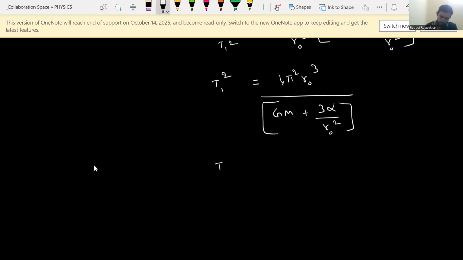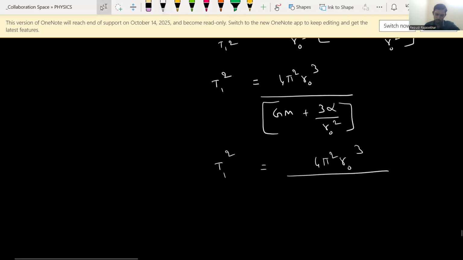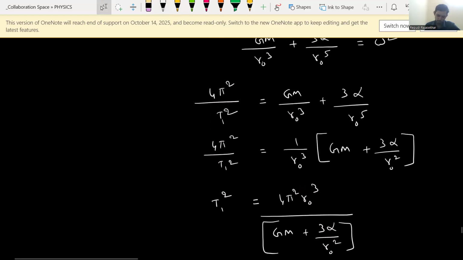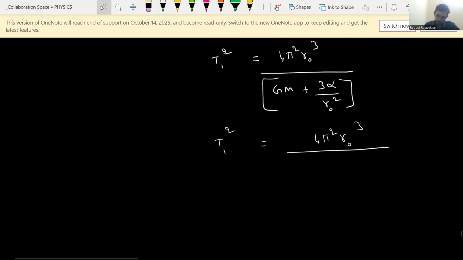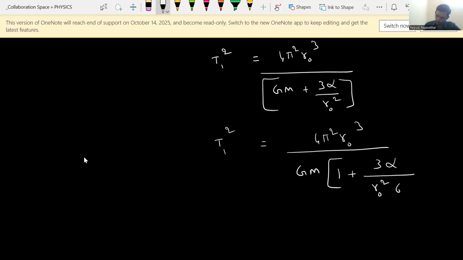T1 square equals 4 pi square r naught cube by, I'll take GM as common in the denominator, right? A root is there. If I take GM common, so 1 plus 3 alpha by r naught square into GM.